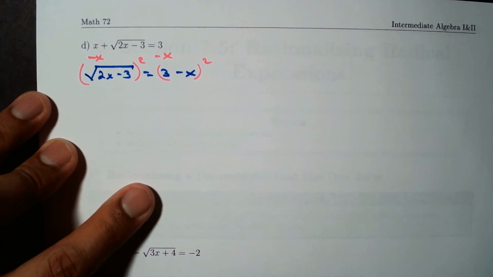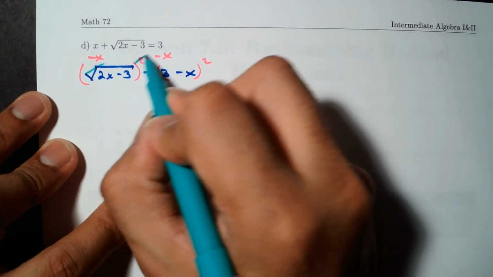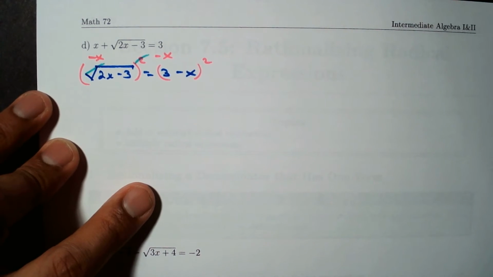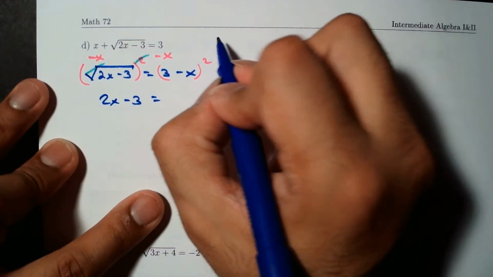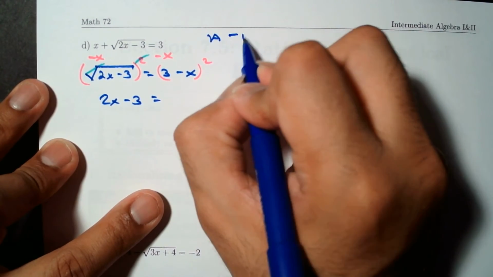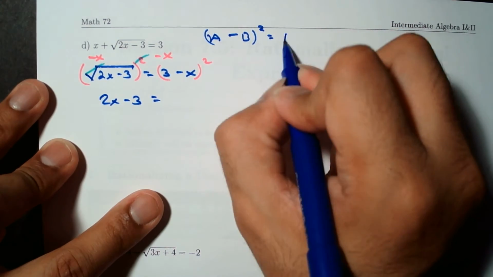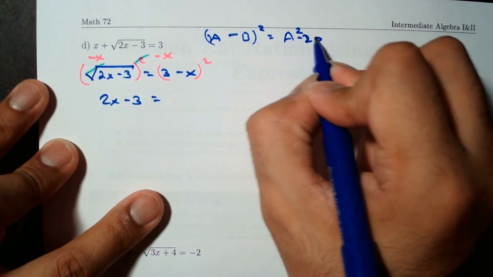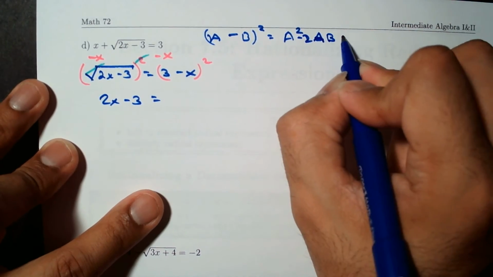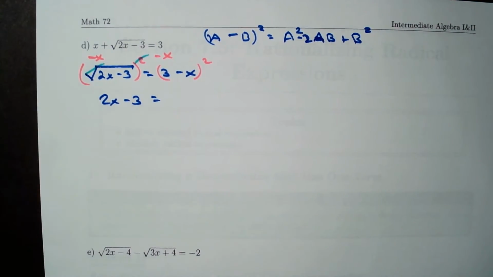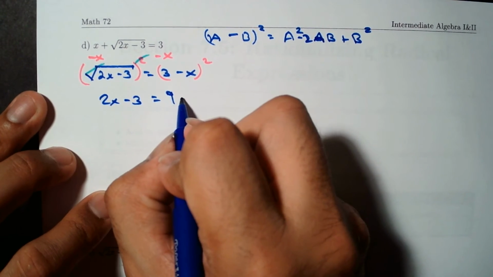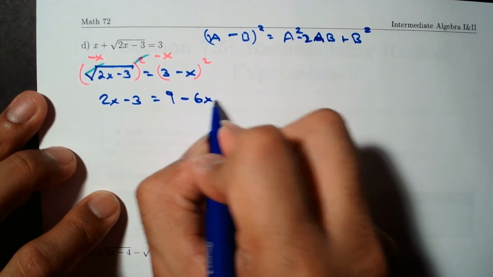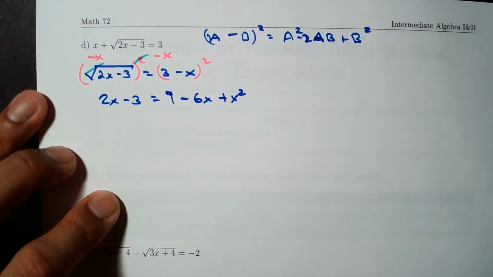So cancel the radical with the power, and 2x minus 3 equals, using the formula for the binomial square, a minus b quantity squared equals a squared minus 2ab plus b squared. So 9 minus 3x times 2, that's 6x, plus x squared.